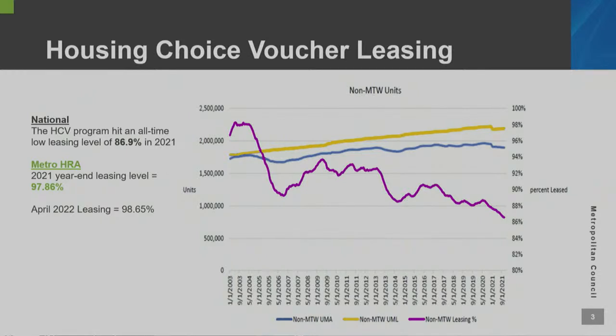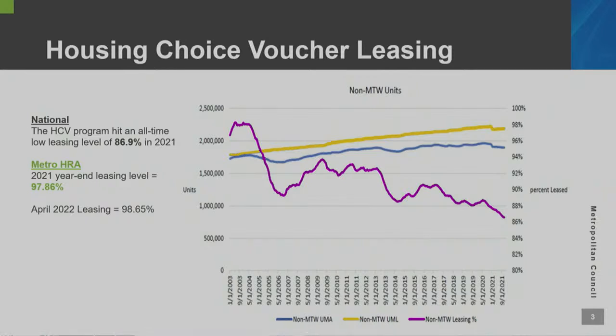There are several reasons for that, but I think a big one is that most housing authorities no longer had the opportunity to lease up to their full baseline, so lease all their vouchers, because of these increased subsidy costs. So the federal money that folks had wasn't enough to lease all the vouchers. So in 2020, they dropped their utilization, and then in 2021, what was happening is we were all scrambling to get our voucher utilization back up.